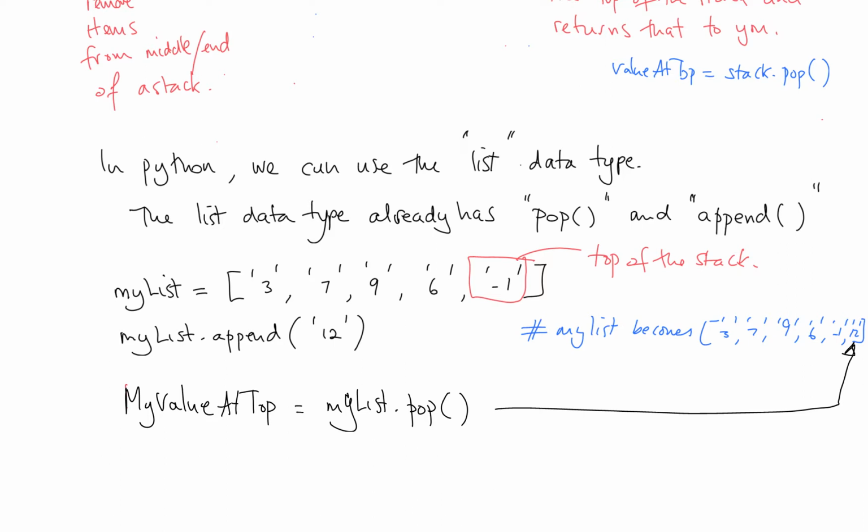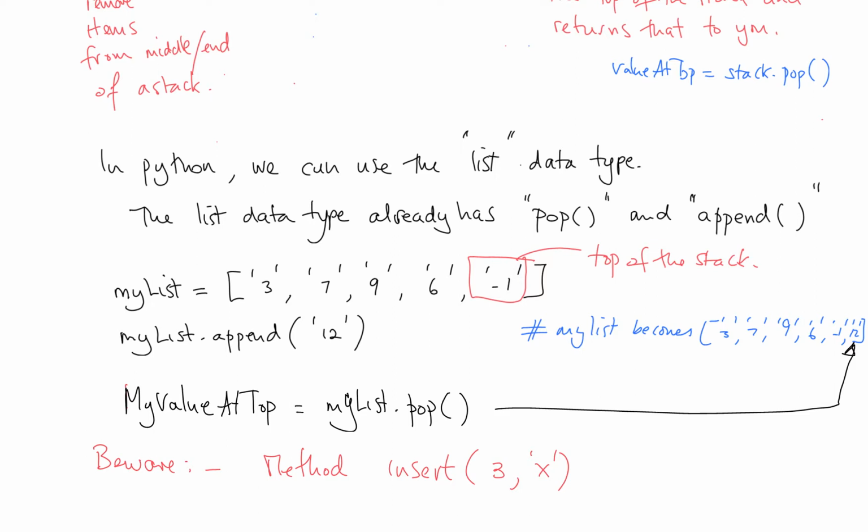So for example, the method called insert, and you insert into a certain position, so 3, and you insert, let's say, x into your list.